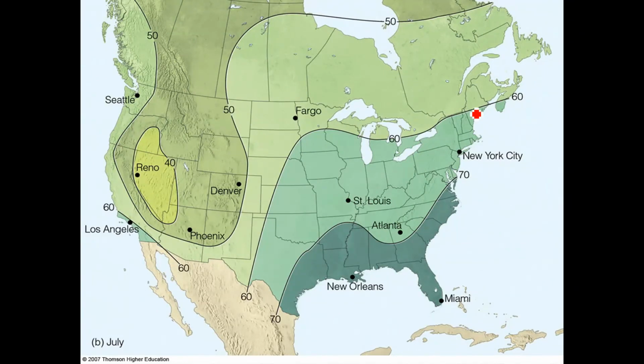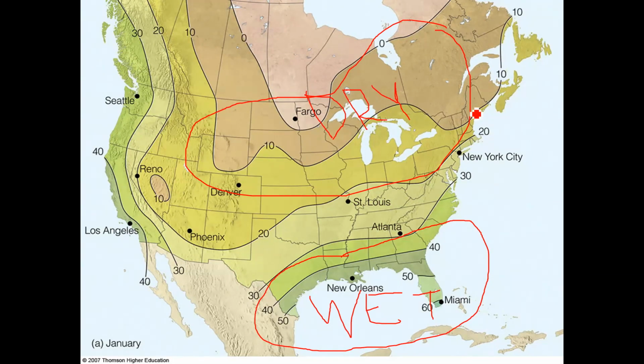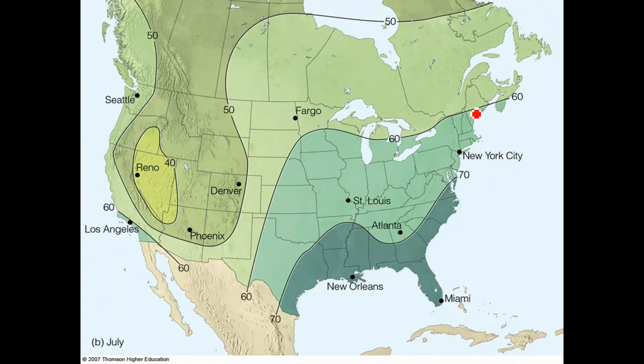Now if you take a look in the summer months, you notice dew point temperatures are substantially higher. They were very low in the wintertime, very high in the summer months. The reason why this happens is because there's more evaporation in the summer months. Hence, more evaporation means more moisture in the air. More moisture in the air means higher dew points.